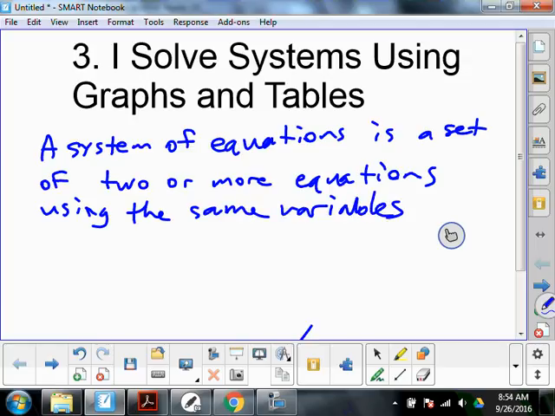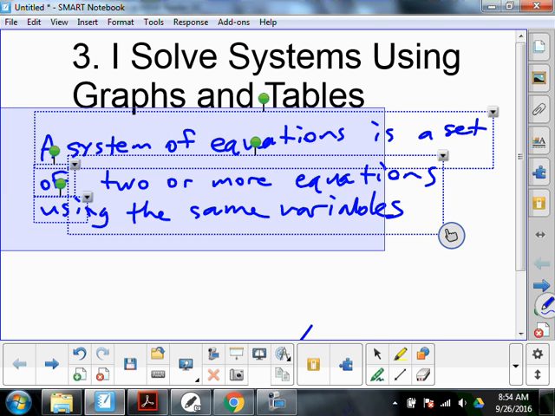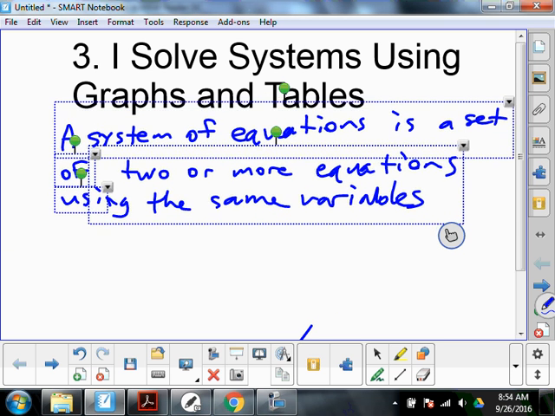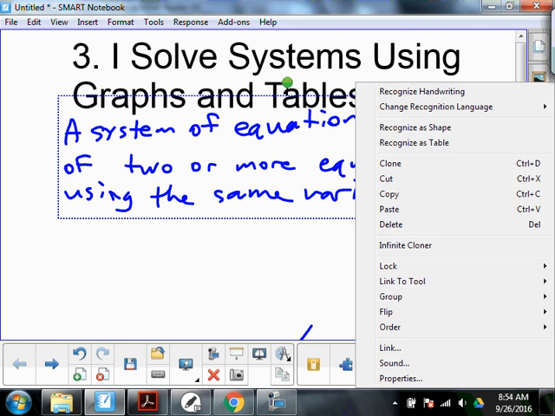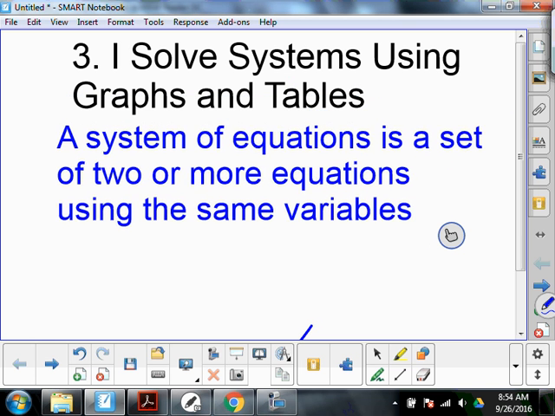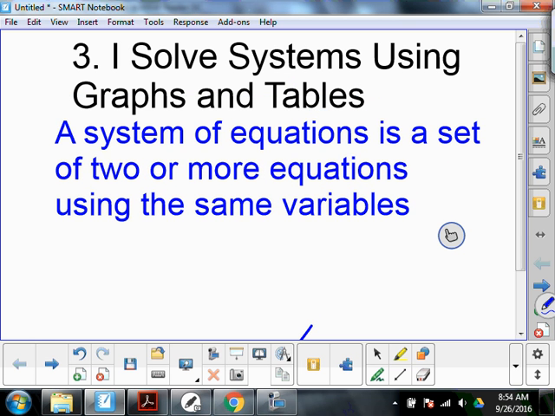Okay. So we're going to have one equation with some x's and y's in it. We'll have another equation with some x's and y's in it. That's what a system of equations is. A system of equations is a set of two or more equations using the same variables.